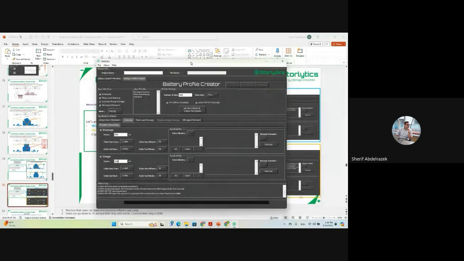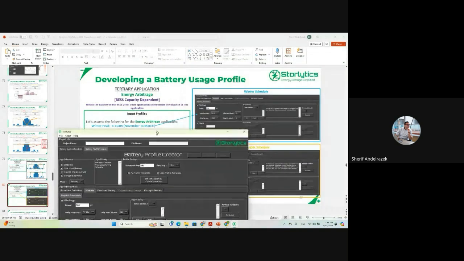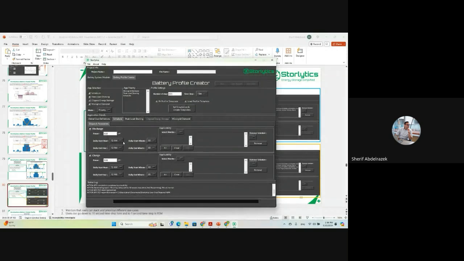November to March. Was it November to March? Yeah, that's the winter peak, 6 to 10. So I do 6 a.m. to 10 a.m.